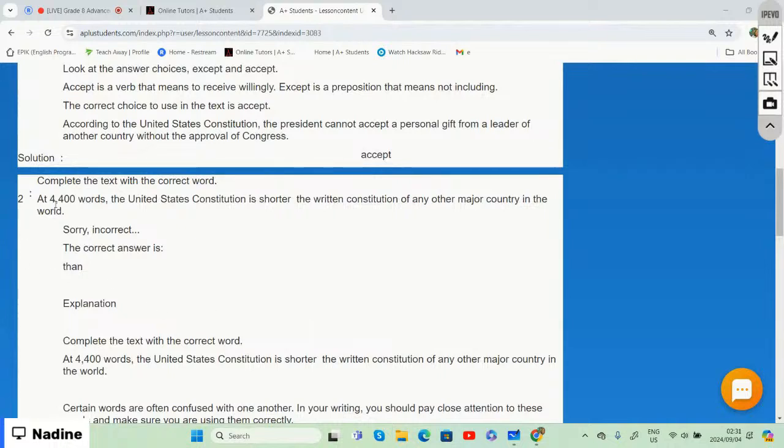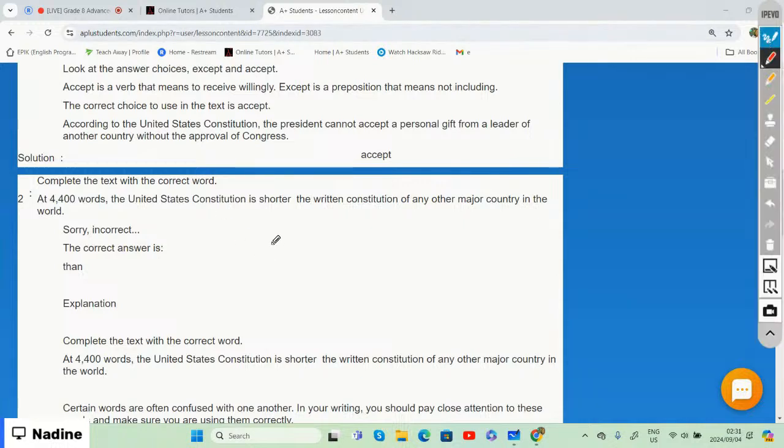All right, it says, at 4,400 words, the United States Constitution is shorter. Do we say shorter than, or do we say shorter then, the written constitution of any other major country in the world?